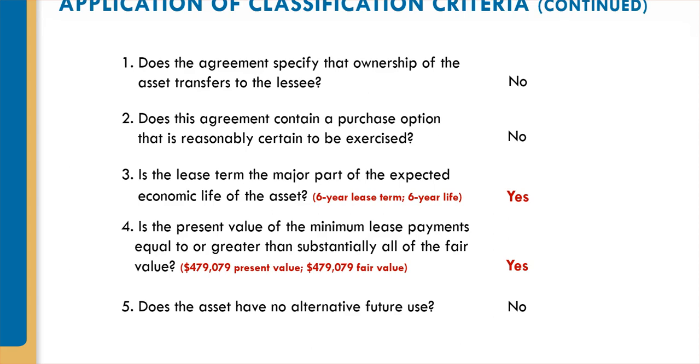The fourth one we just discussed, it is met. And we didn't even have to do 100%. The guidance was 90%. And there's no discussion of future use. It says, do they have no alternative future use? And I don't see any discussion. So if there's no discussion, then you can't really use the fifth criteria.